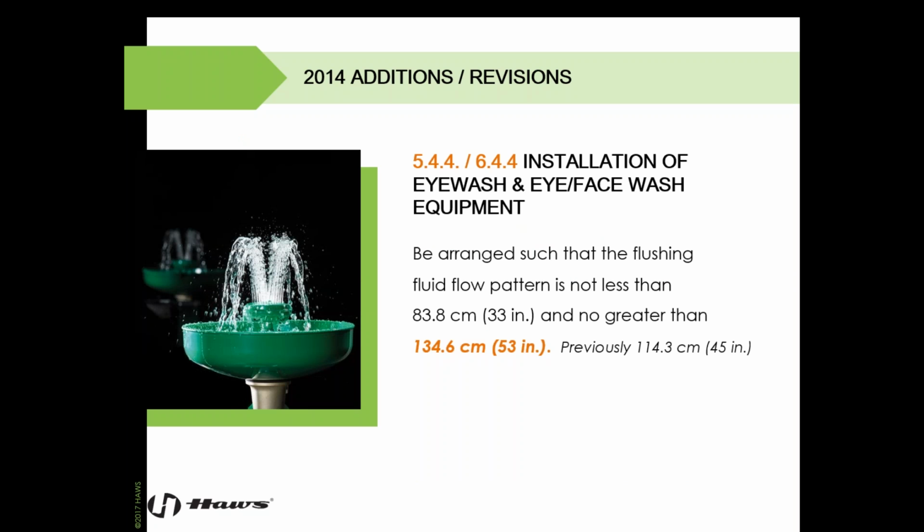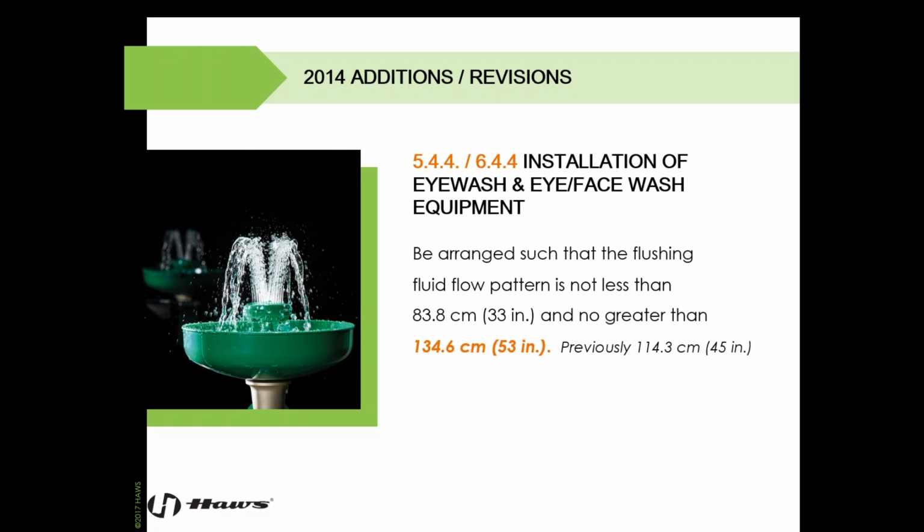The next revision was regarding installation of eye washes and eye face wash equipment. So the equipment needs to be arranged such that the flushing fluid flow pattern is not less than 83 centimeters or 33 inches and no greater than 143 centimeters or 53 inches. In the previous revision, 2009, it was 45 inches.